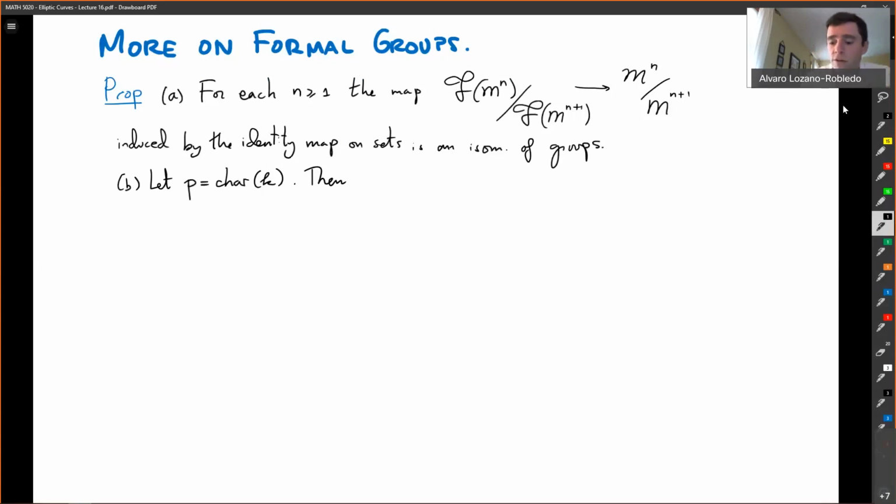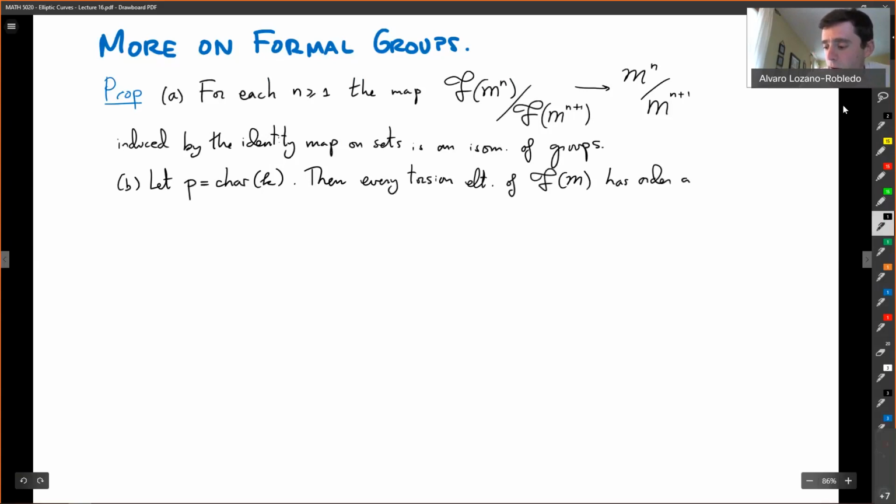So this is going to say that every torsion element of the formal group has order a power of p. Okay, so here's the proof of these two facts.